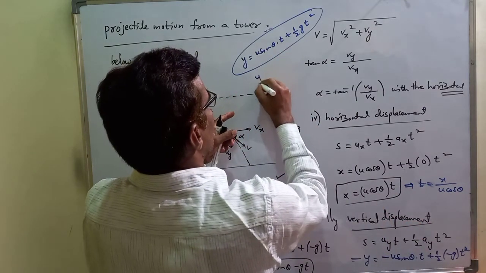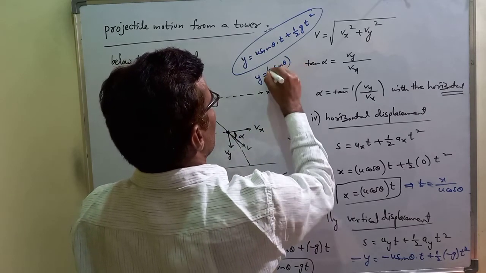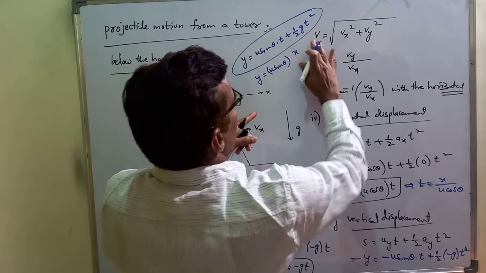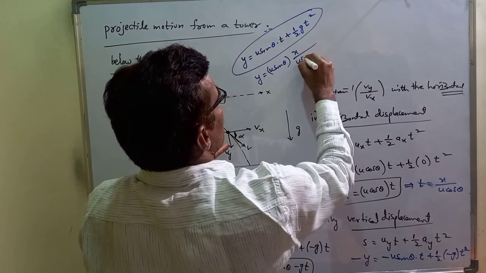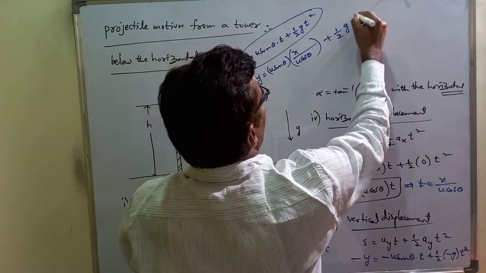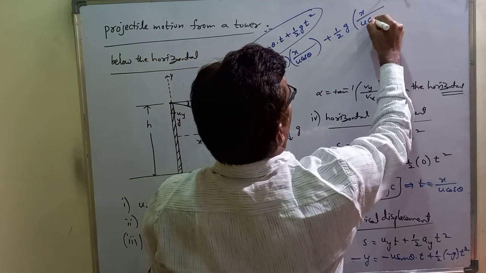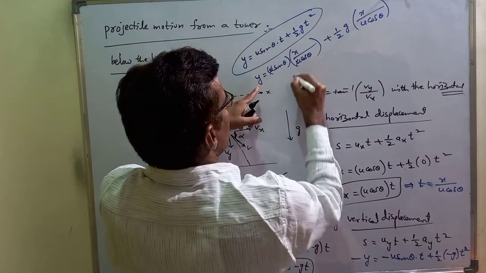Y is equal to u sin theta into t, that means x by u cos theta, plus half g into x by u cos theta whole square. U cancels.